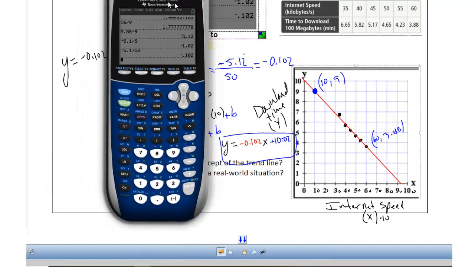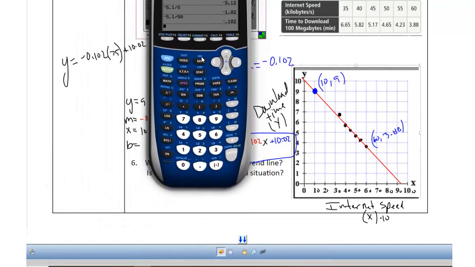That's an input and an output. We take negative 0.102, multiply that by 75, and to that we add 10.02. And we should be right about 2.37.